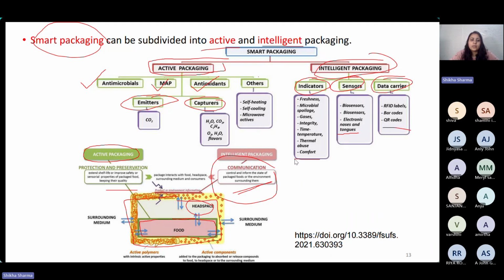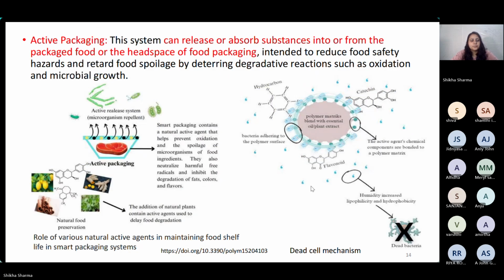If the gas composition changes, then the sensors will react in a particular way and communicate to us the state of the food product.